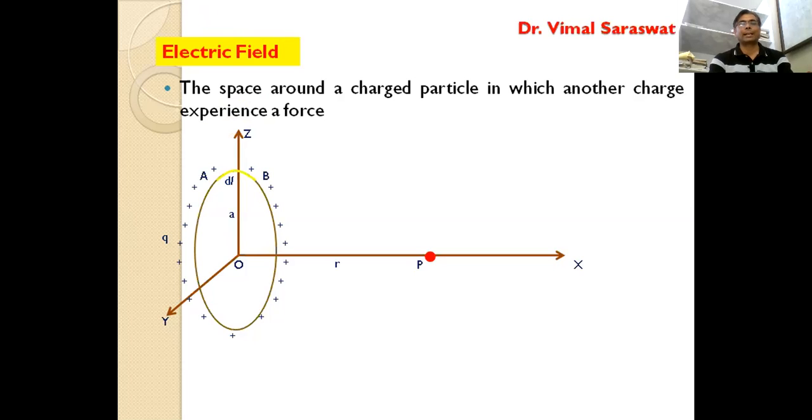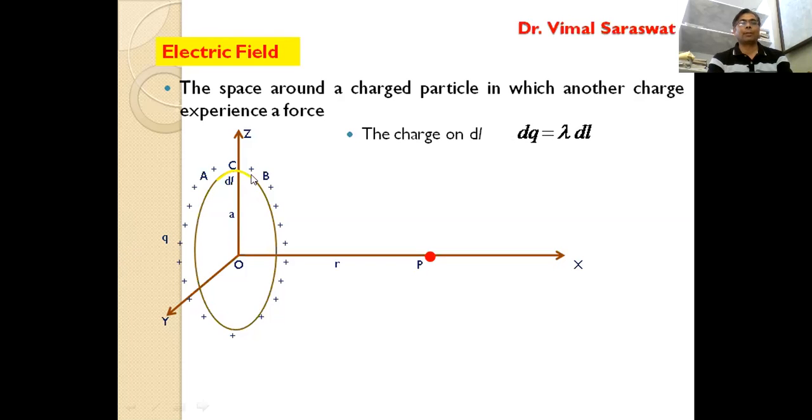For finding the electric field at P, we consider a small portion AB of length dl. First of all, we will find the electric field at point P due to this small portion of charge. The center of this portion is C. Now the charge on length dl: charge is equal to linear charge density into length, where lambda is the linear charge density, the charge per unit length.